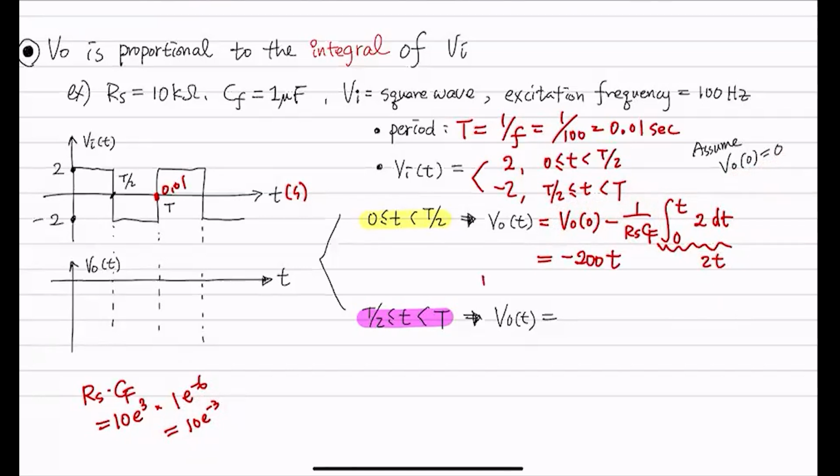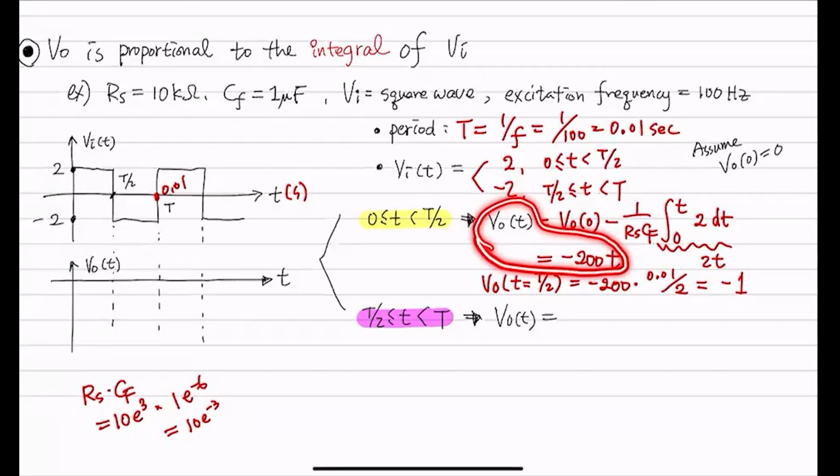And V out at t equal half of the period is going to be -200 times half of the period. What's half of the period? 0.01 divided by 2, right? And that is going to be -1. It's simple math, right? So this is going to be the equation of output voltage when your time is from 0 up to half the period.